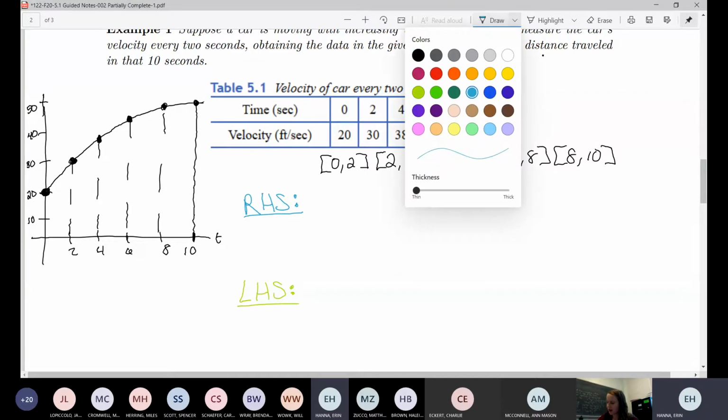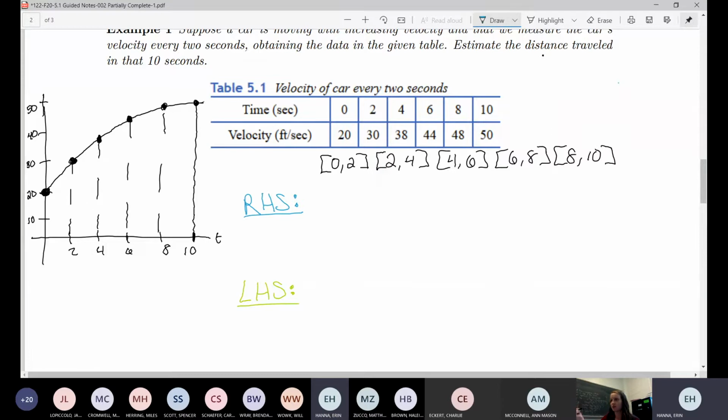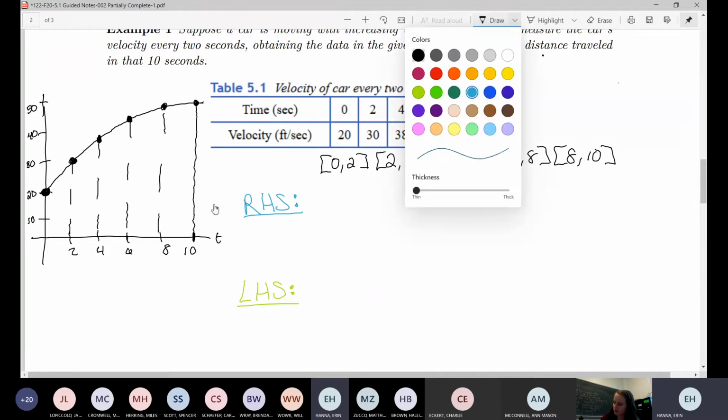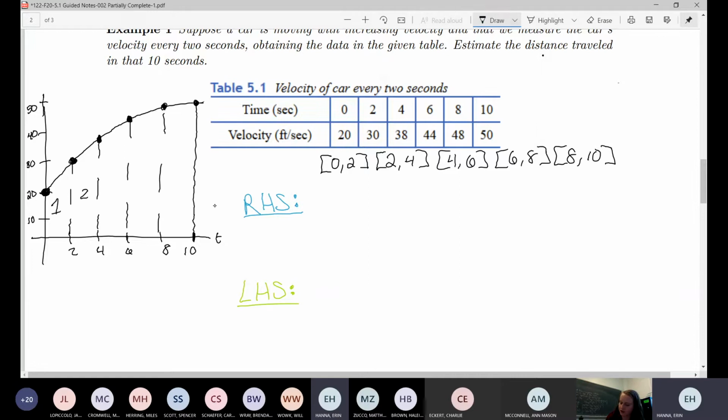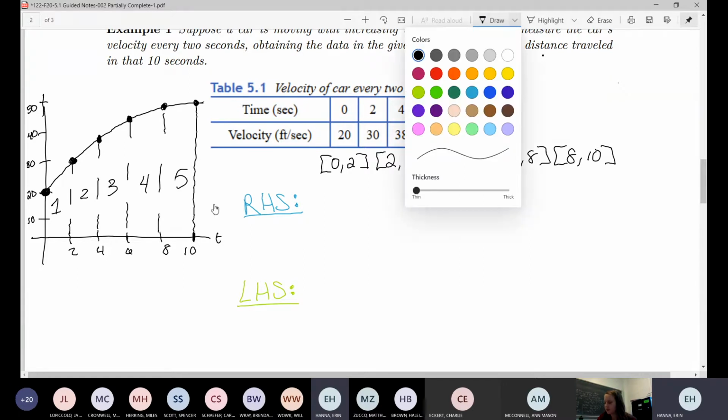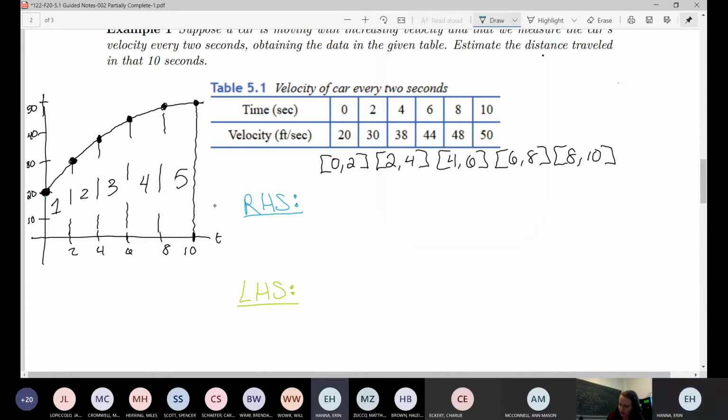So say we want to do the right-hand sum first. If we were to draw that on this graph, we're essentially breaking this up into 5 rectangles: 1 there, 2, 3, 4, and 5. If I want to do a right-hand sum, I have a rectangle in this first piece, but I'm using the right endpoint at x equals 2. I guess t equals 2 in this case. And I'm using that y value as my height.